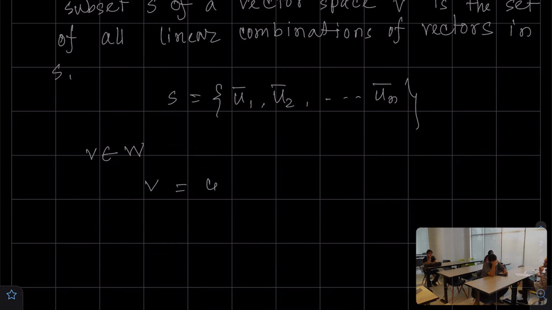I have a question. Why does the subset S have to be finite? For the spanning, it is not actually necessary. I don't want them linearly independent. I can take infinitely many vectors and I want the span of those vectors.